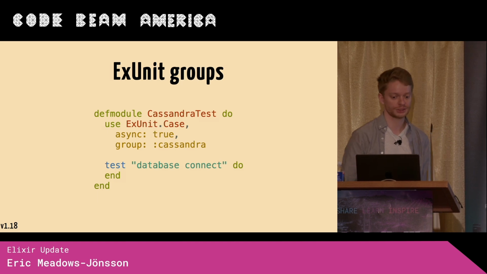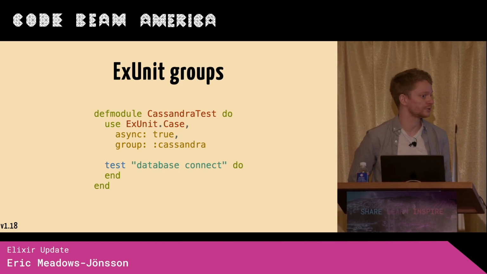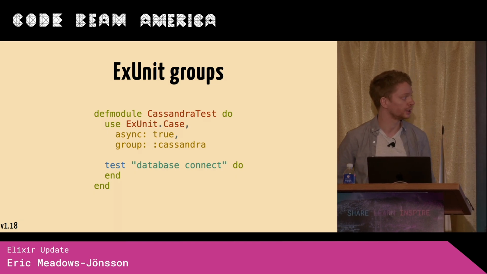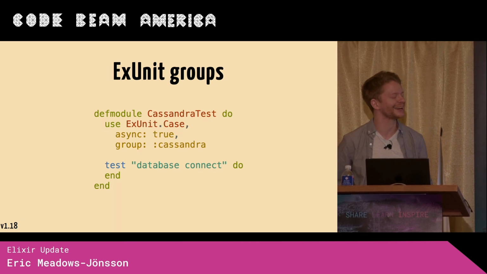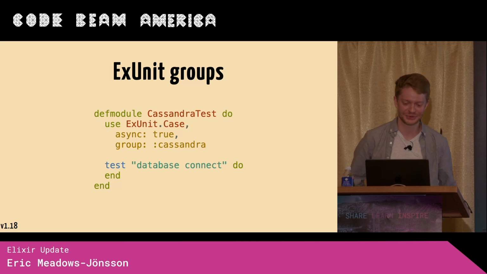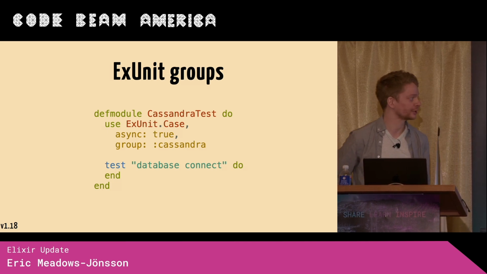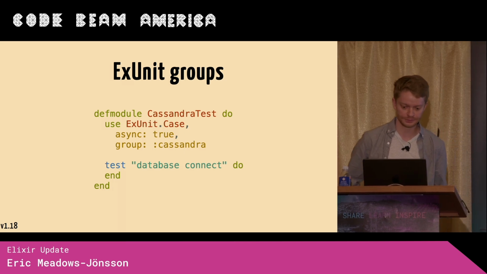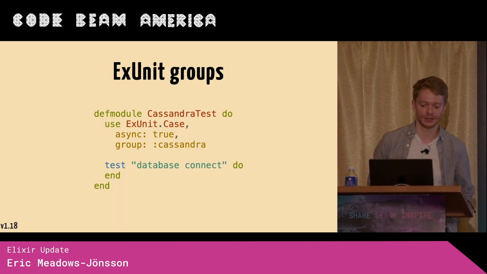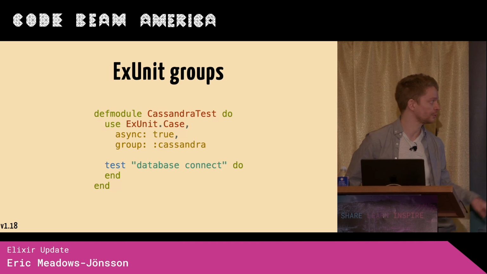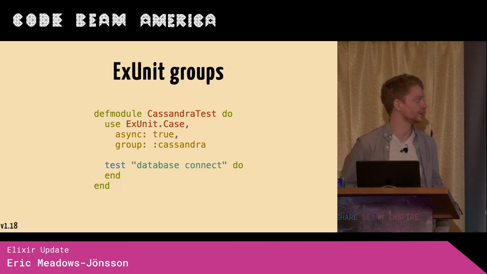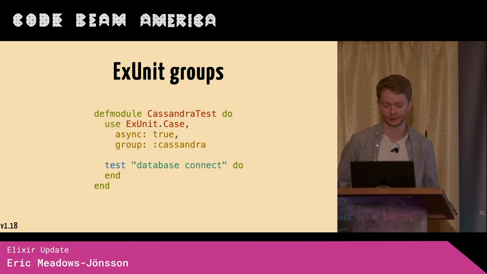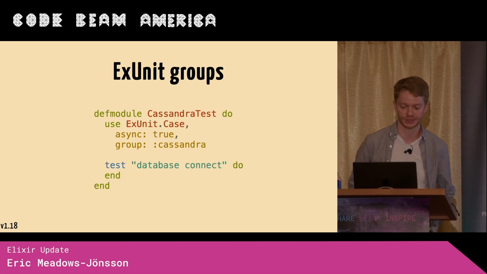So another thing is ExUnit groups. As you probably know, we can configure our tests to run in async mode, which allows them to run concurrently with the other tests. But an important caveat there is that tests in the same module will not run concurrent to each other.